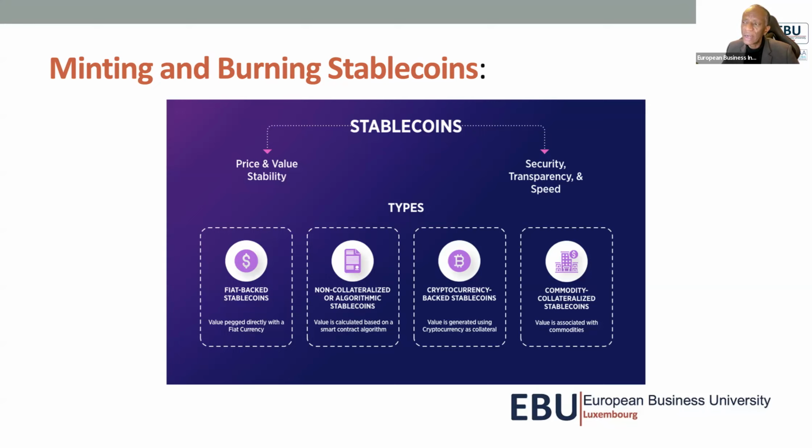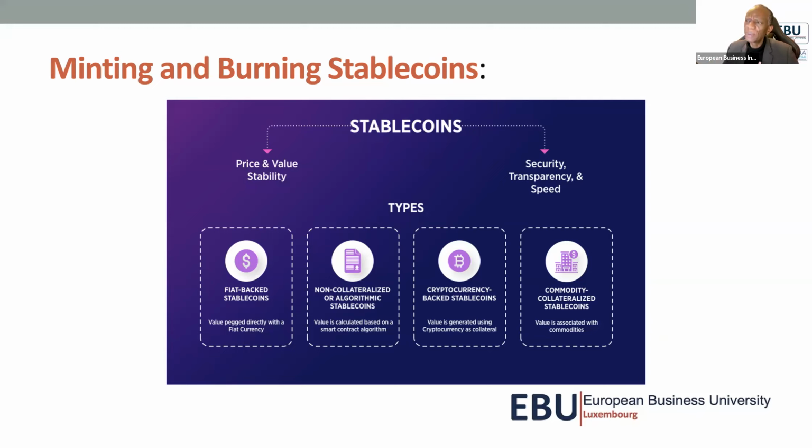So fiat collateralized stablecoins are backed by a reserve of a fiat currency, and generally it's fixed or it maintains a one-to-one peg. So for every stablecoin issued, you have the exact equivalent in fiat currency. For every one stablecoin that's issued, you have the equivalent that's issued in terms of dollars or euros. And this, of course, is what is held in reserve because this is the basis for the collateral aspect.